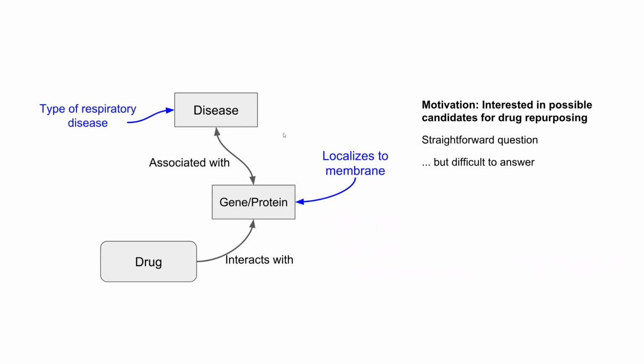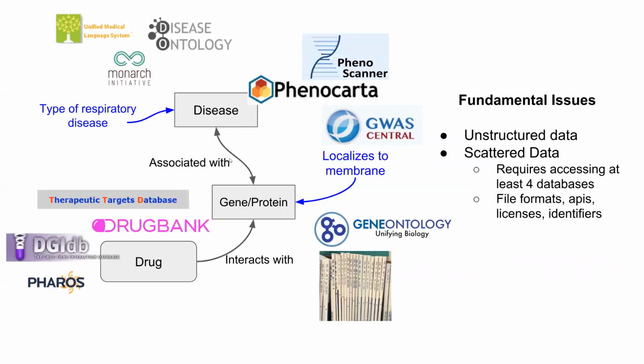This is a pretty straightforward question, but it can be really difficult to answer for many reasons. One is unstructured data. There's a lot of data that exists only in the literature. If it is in databases, it can be scattered across many different databases or resources. There's drug data from lots of different places, such as drugs.info.